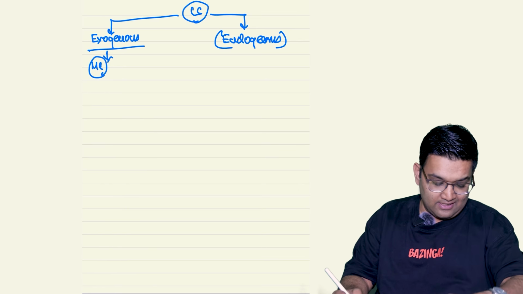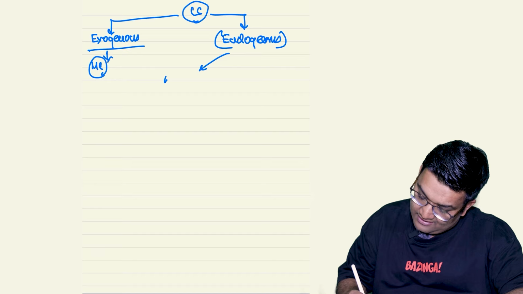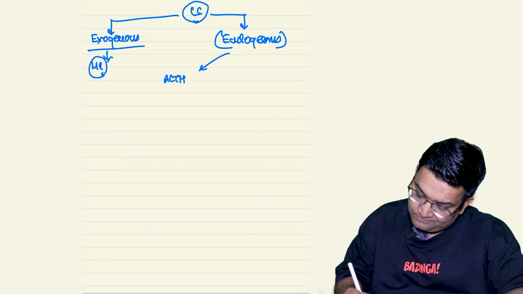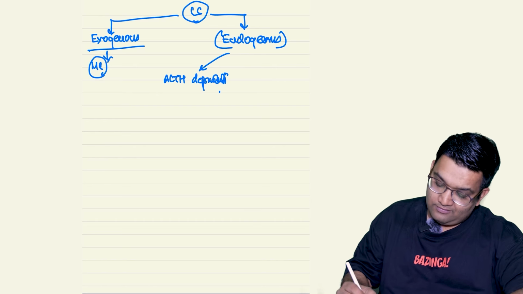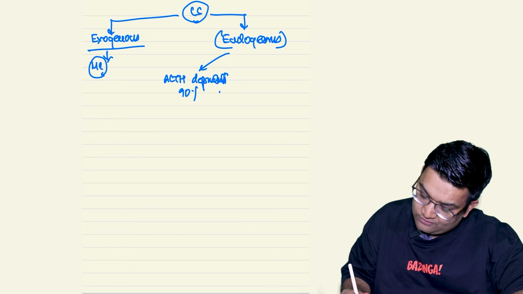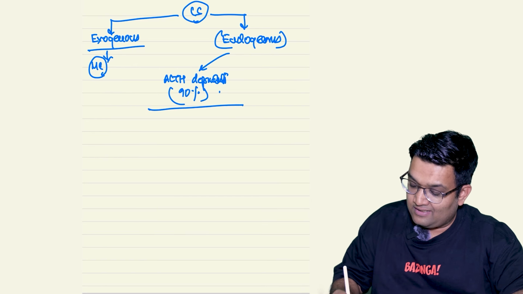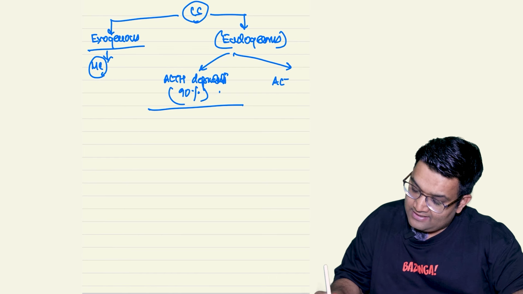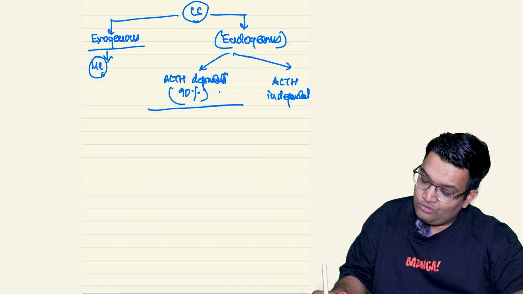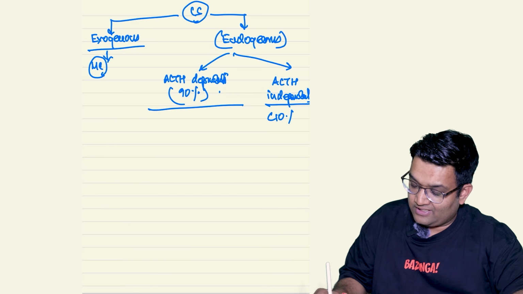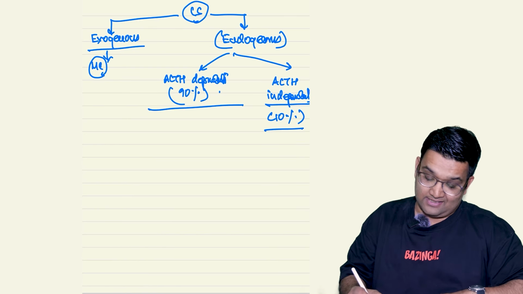Among endogenous, the ACTH dependent is most common. So this accounts for 90% of the endogenous causes, while ACTH independent accounts for 10% of the total causes.